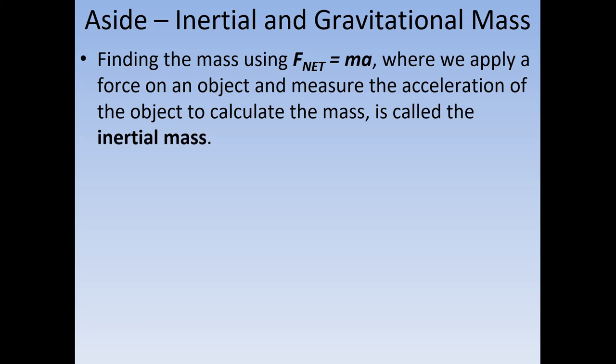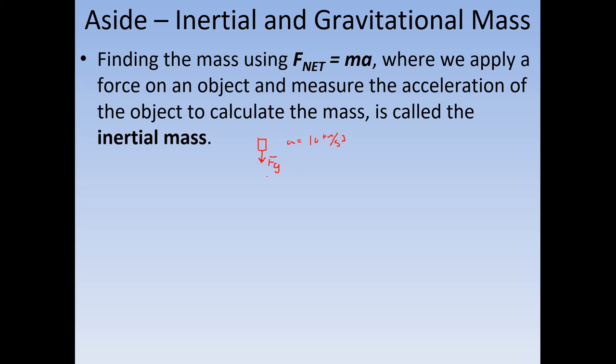Now there's a slight variation to this equation that we can also have. If we think about an object in free fall, we know it accelerates at the acceleration of gravity, 10 meters per second squared, or 9.8 if you want to be particular. And if we look at the forces acting on an object in free fall, we know that there's only one force acting on it, Fg.